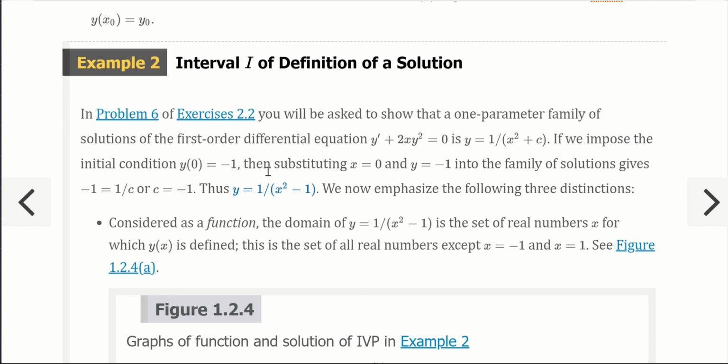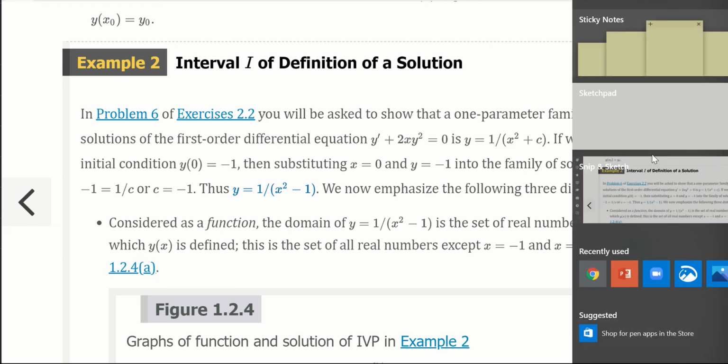If we want the initial condition y of 0 to be equal to negative 1, then that would allow us to solve for c. Let's do that on this one. We have 1 divided by x squared plus c, and we want y of 0 to be negative 1.